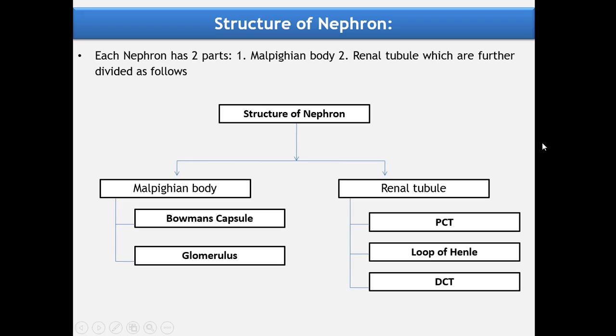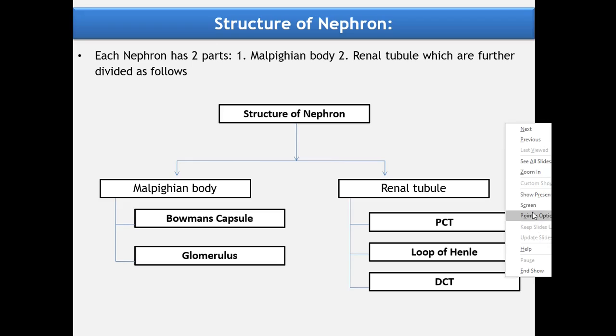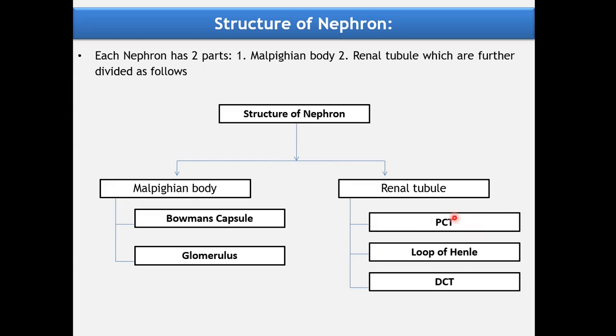Now, let us learn about the structure of nephron. Each nephron has two parts, Malpighian body and renal tubule, and these are further divided as follows.